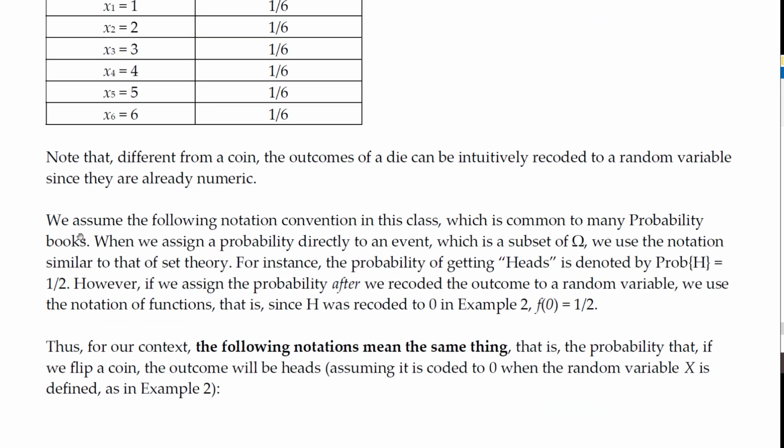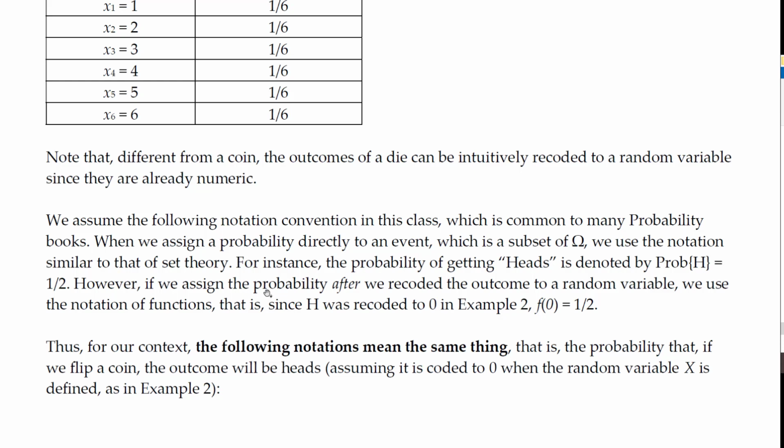Back to notation, we're going to assume the following in this class. When we assign a probability directly to an event, which is a subset of omega, we use notation similar to that of set theory. For instance, when denoting the probability of getting heads, we denote it by P and then set theory notation here, H between brackets equals half.